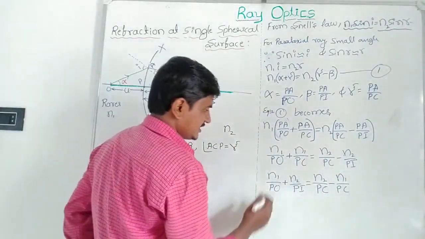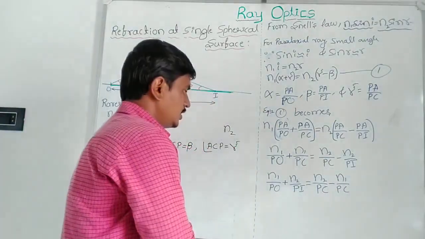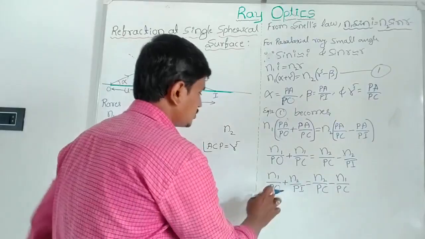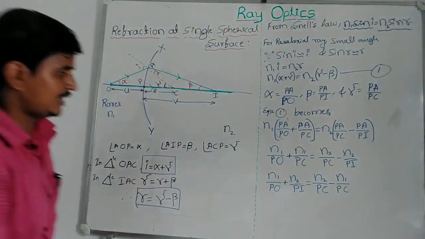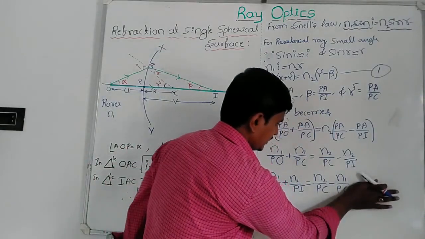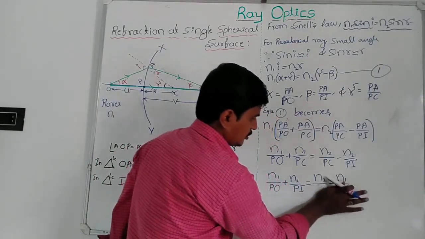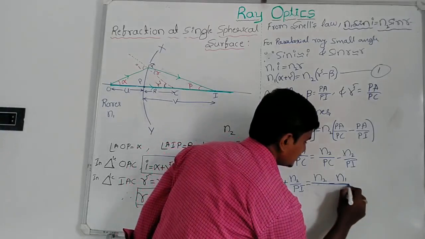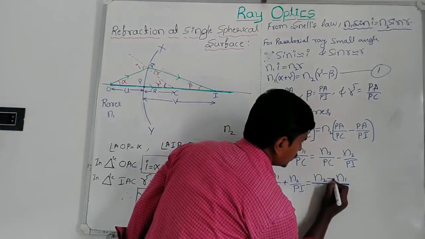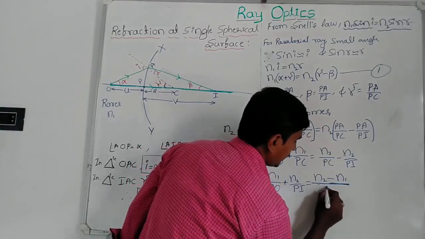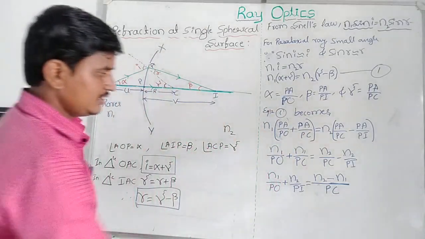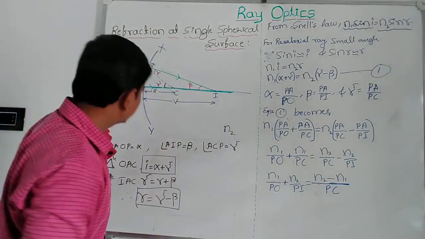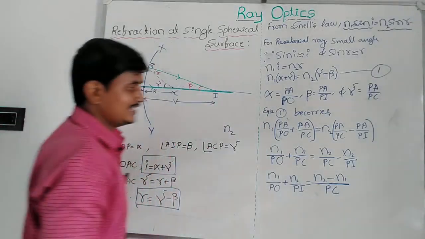Now PC is common here, so you can write n2 minus n1 divided by PC, and along with that, apply the sign conventions.